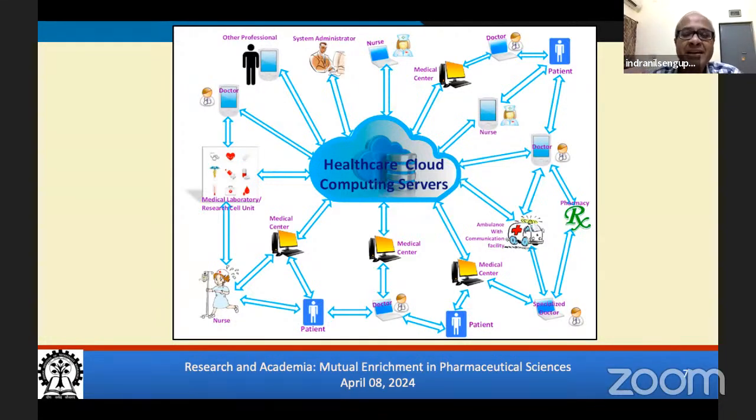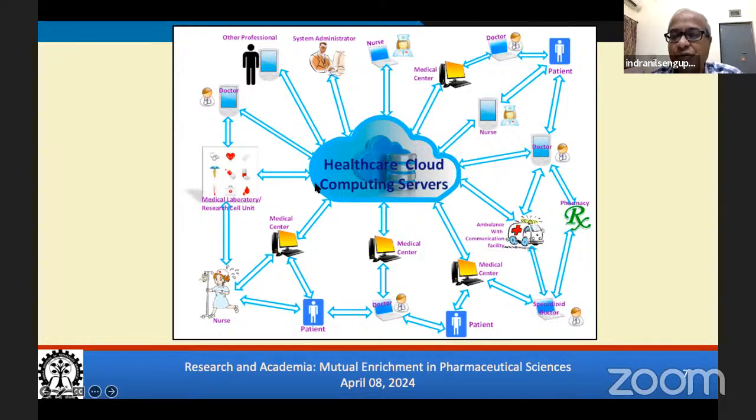Okay. Here also, various stakeholders are shown like doctors, system administrator, nurses, medical centers, patients, pharmacies, ambulances, and so on. And there can be some specialized doctor also.